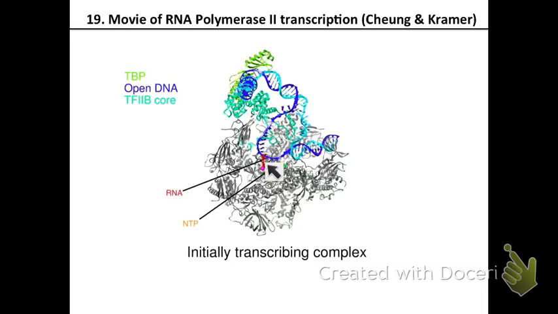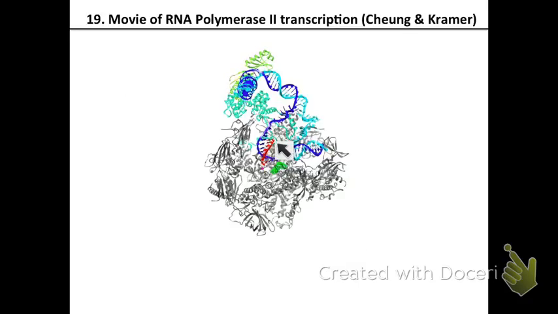So RNA is shown here in red. So once the RNA starts to get synthesized, the first few steps in the initiation involve DNA scrunching. So it scrunches the DNA, opens up the DNA ahead of the polymerase, and makes the bubble a little bit larger. Okay? So now you have synthesis of that RNA coming in here, and this is the initial transcribing complex.